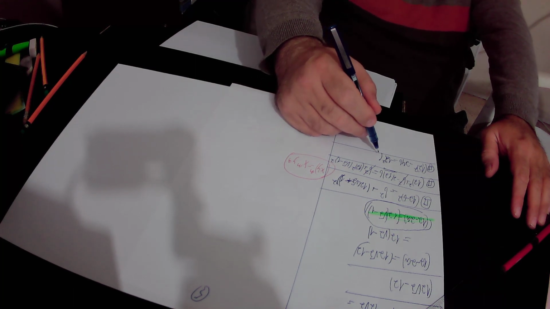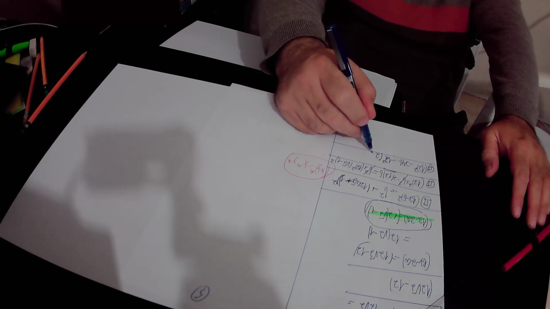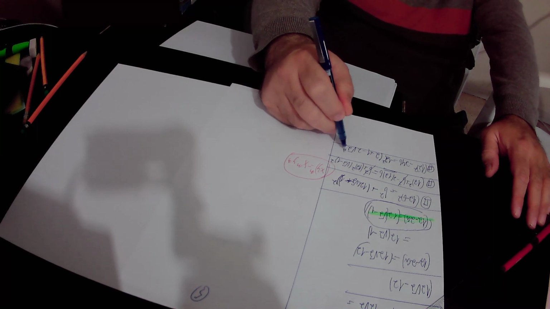(Square root of 2 minus 1) squared equals square root of 2 squared, which is 2, plus 1 squared, which is plus 1, minus 2 times square root of 2 times 1.